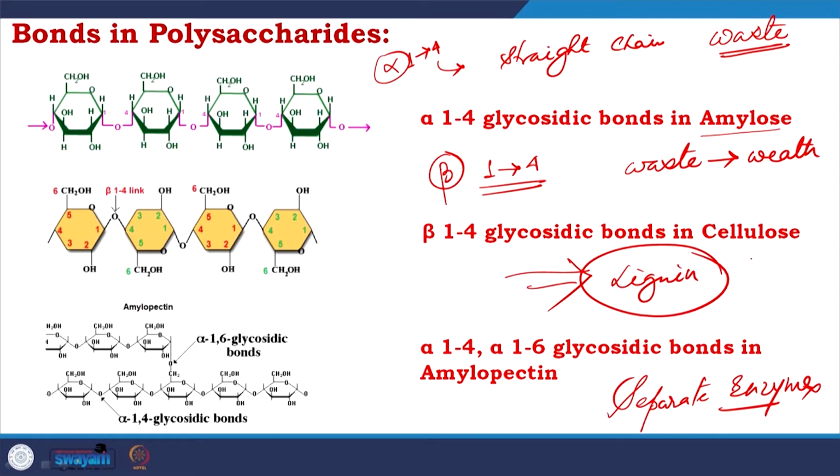You will get cellulose, you will get hemicellulose and you get lignin.